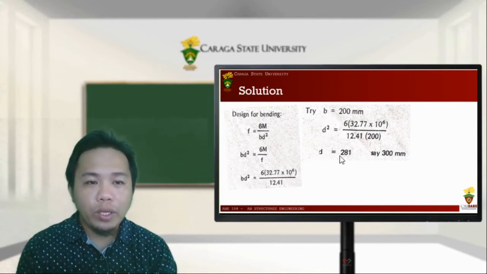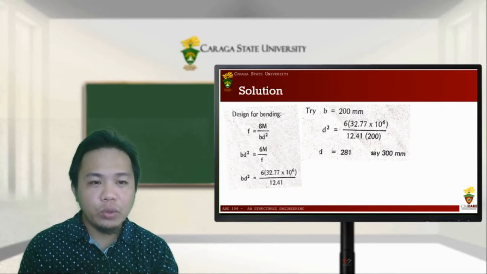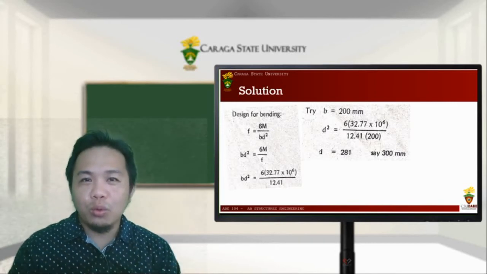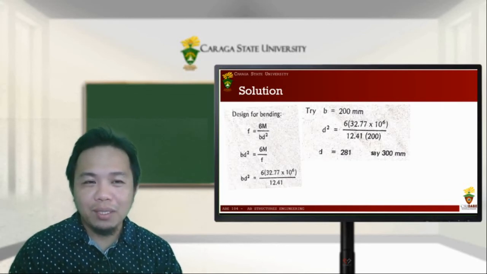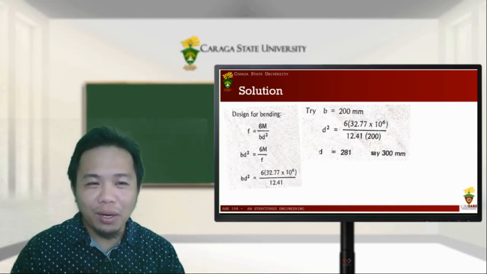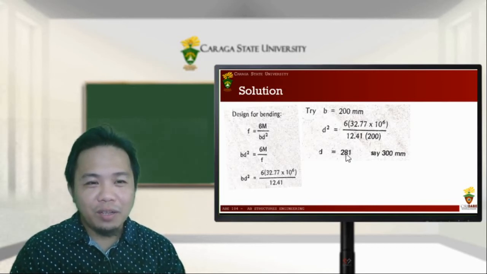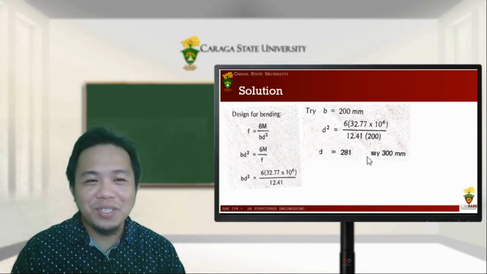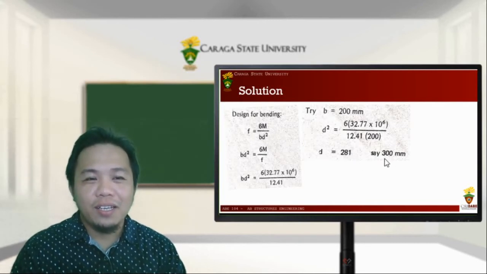Okay, the 281, we will not use that 281 because in a real scenario, when we go to a shop or let's say store, when you buy structural elements that have a size of 200 by 281, it's not commonly available, okay? So let's say 300.